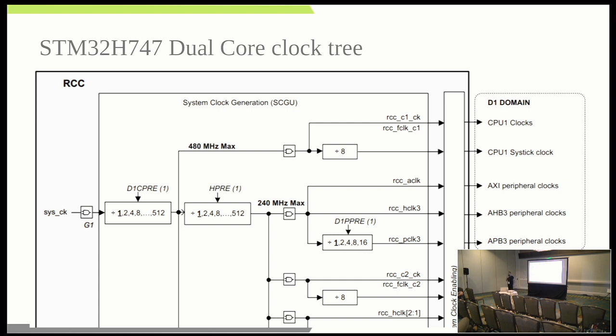This prescaler should be minimum 2, so it's not shown here. But this is important for clock configuration. It means that there is a direct relationship between CPU1 clock configuration and CPU2 clock configuration. So this is important for the next steps.